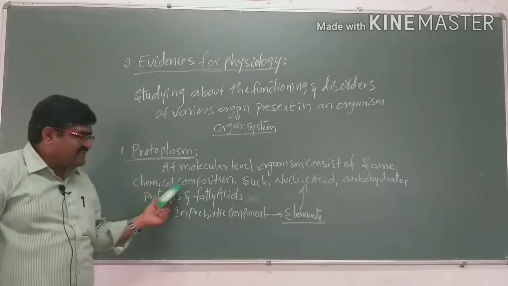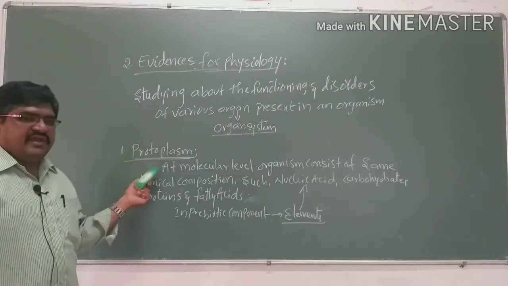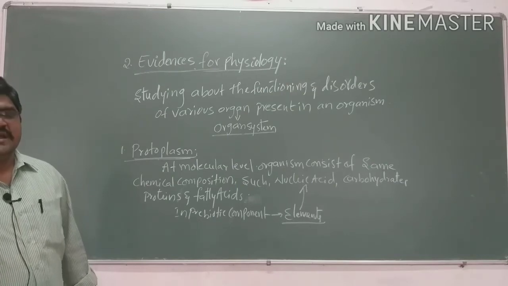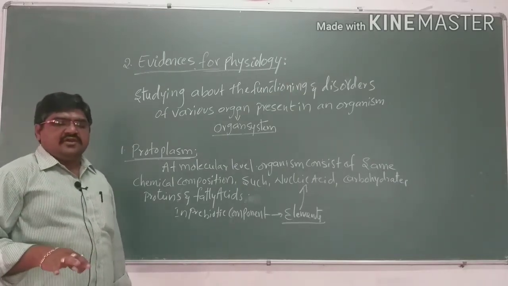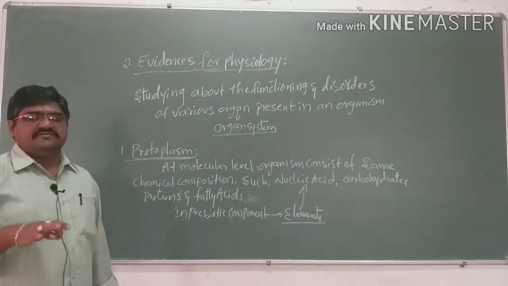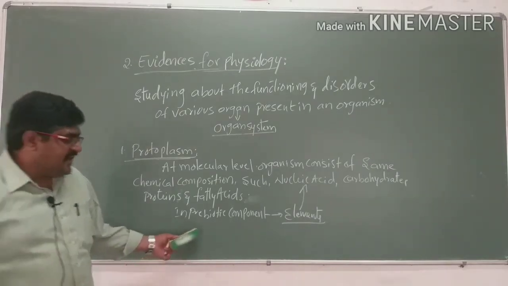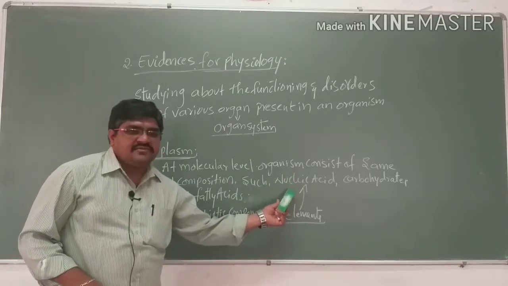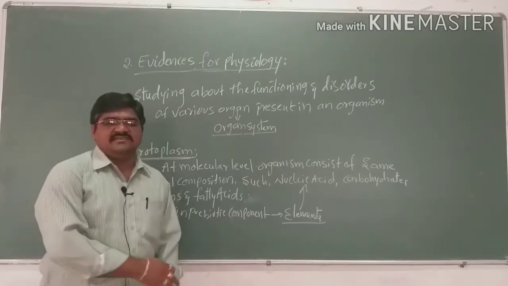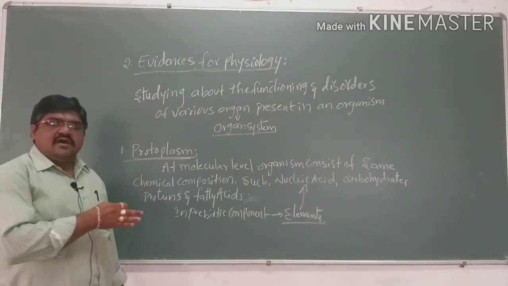These are the various components present in the protoplasm, which shows that they have the same chemical composition. That means the first formed cell, the heterotrophic cell, in biological or molecular evolution, had these components in its protoplast, and the same components are present in living organisms also. There is no change, so this shows that evolution has taken place from ancestral forms.